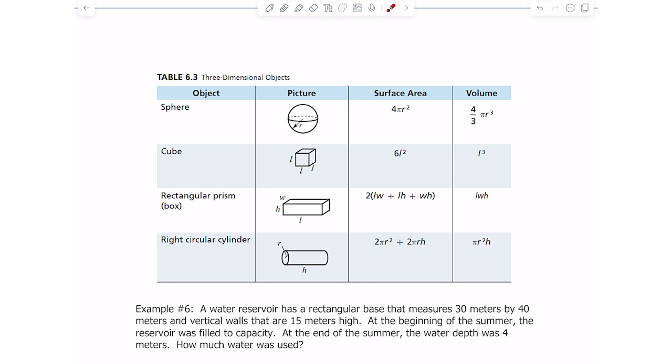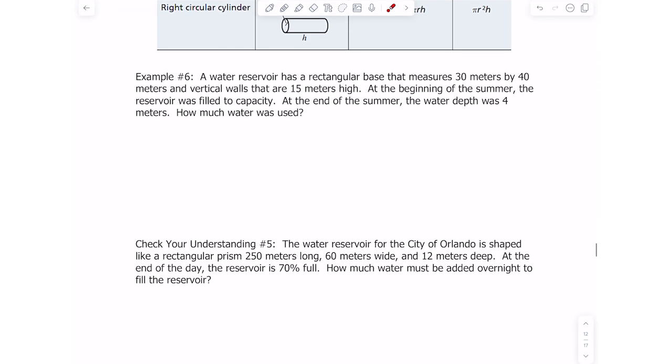So you have the formulas, now you just have to figure out what it is you're finding. So in this example here, it says a water reservoir has a rectangular base that measures 30 meters by 40 meters and vertical walls that are 15 meters high. So if we were to maybe kind of construct a picture, it could look something like this.